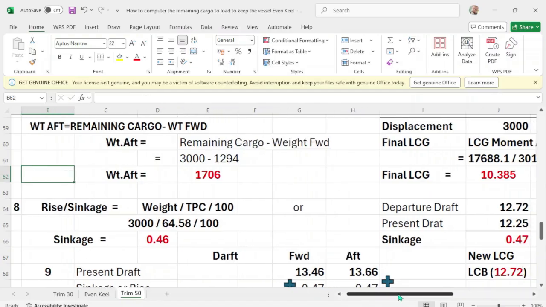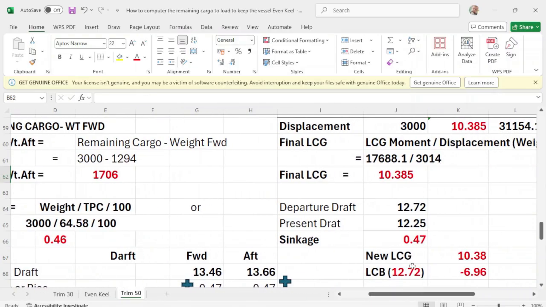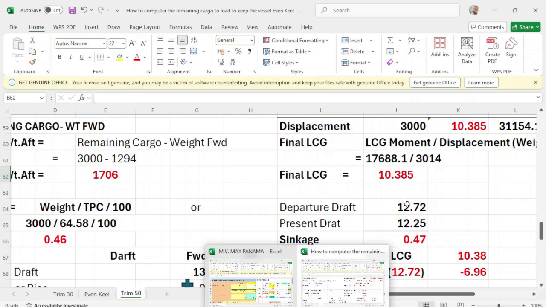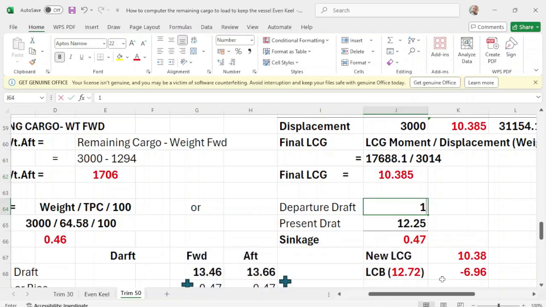Or your departure drop, what is your departure drop? Departure drop is 14.02, and your present drop is 13.56. Is that correct? Okay, so your sinkage is 46, which is the same here.